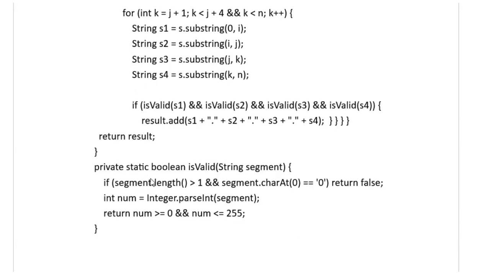A segment can only be valid if it does not contain any leading zeros and if it is between 0 and 255. So there are other ways to solve the problem, such as dynamic programming and bitwise manipulation, but these ways are not so efficient, so they should not be mainly used.